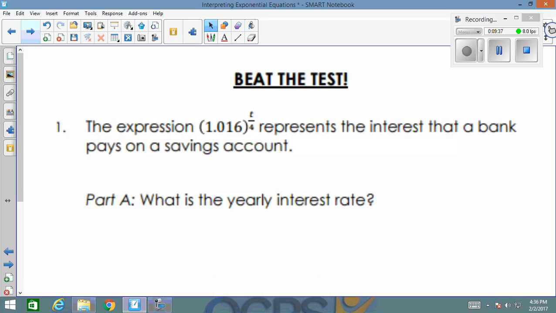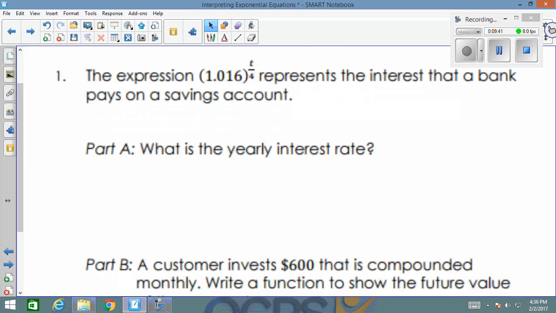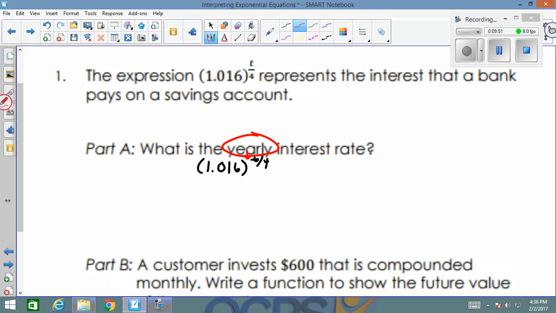All right, last couple. Okay. The expression says 1.016 to the t over 4. And it says we need to find the yearly interest rate. Okay, so it means we need to make the number here 1. So we need to multiply both of these by 4 to get rid of that exponent.